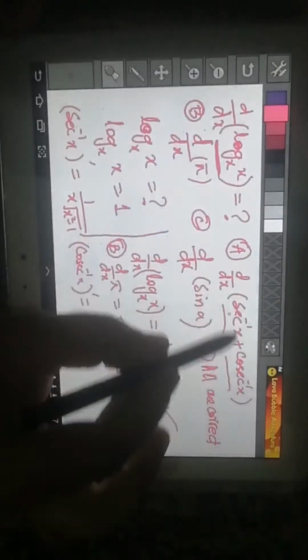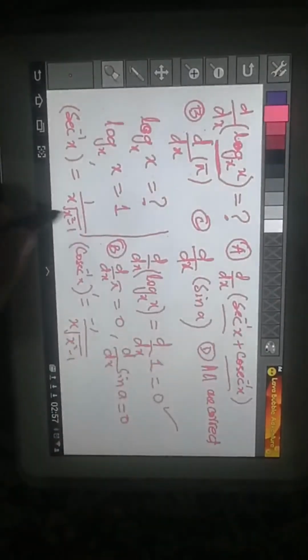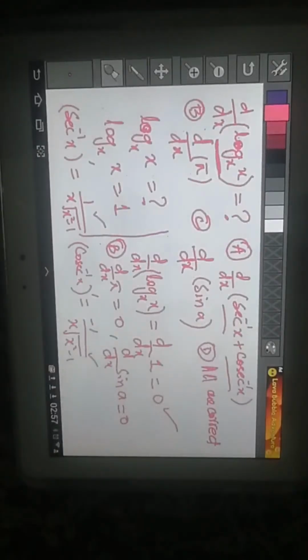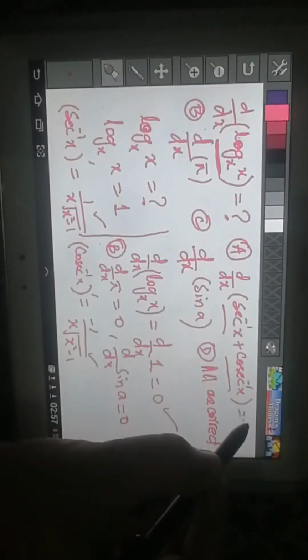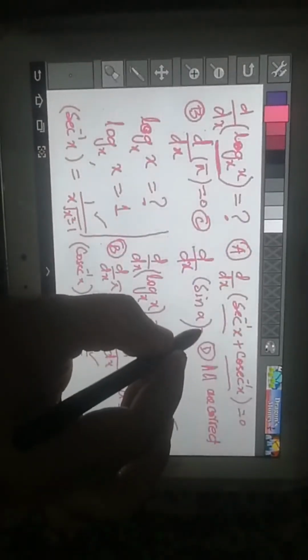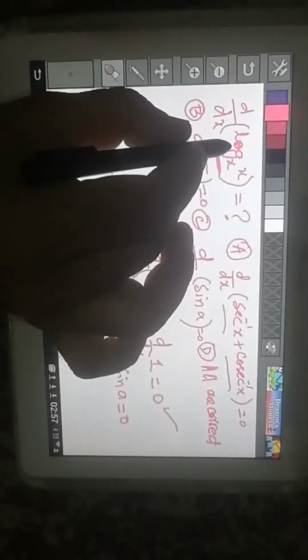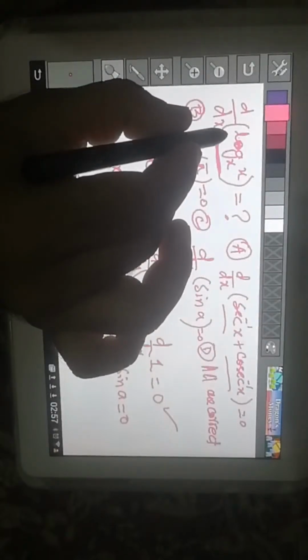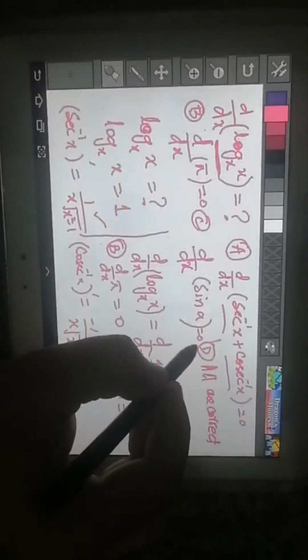See that when both functions are added, their derivatives are additive inverses of each other, negatives of each other. One is the negative of the other. So when they are added, they make 0. So this derivative is 0, this derivative is 0, and this derivative is 0. The function which is given in the beginning. It means all are correct.